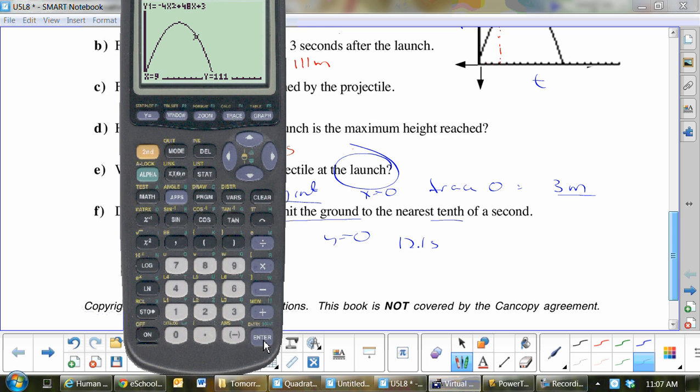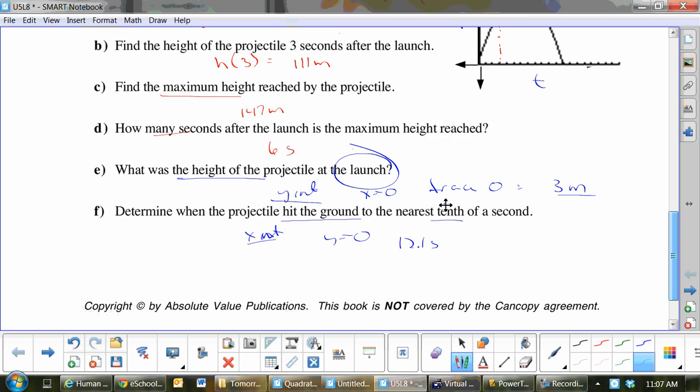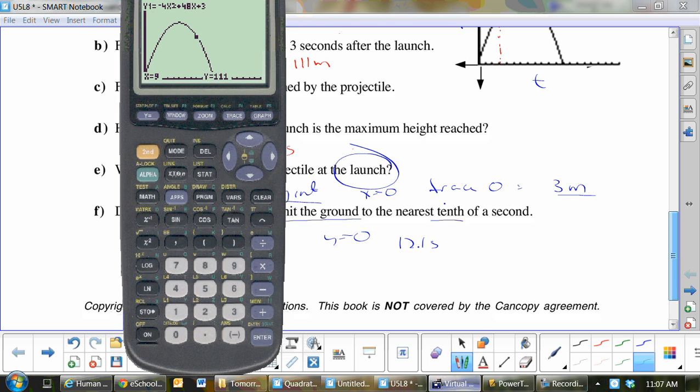Trace 9, enter. Is that right? No, I said when is it 9 meters above the ground? Yeah, make y2 equal 9, and you will actually get the nice little line there. And there are 2 times it is 9 meters above the ground. There and there. So you'd have to find both of them.